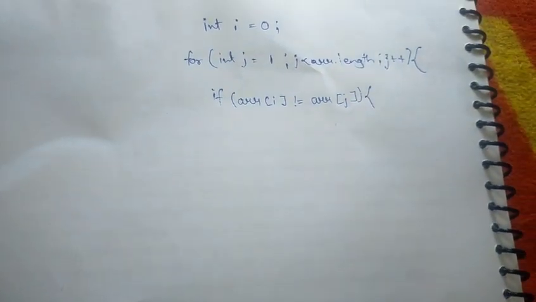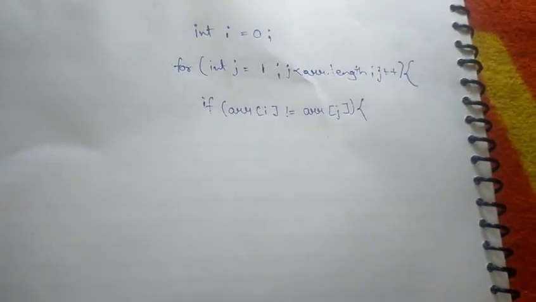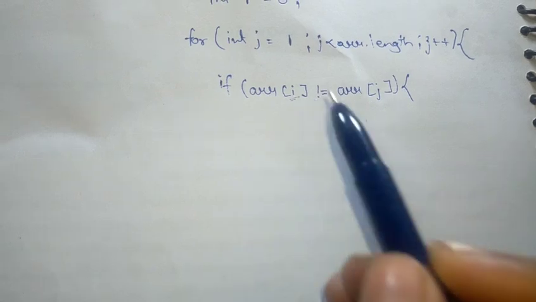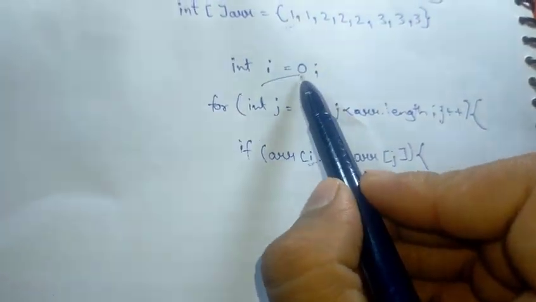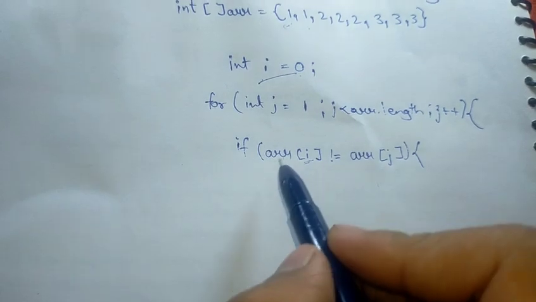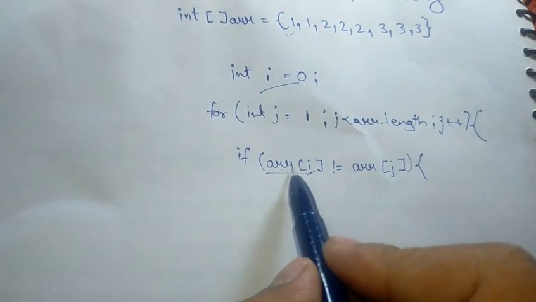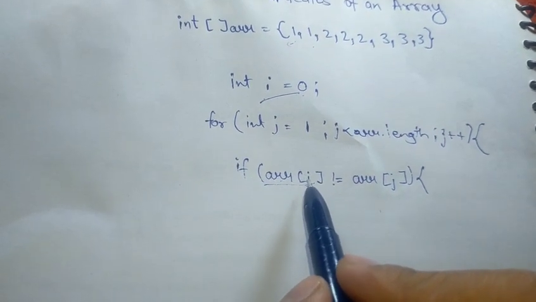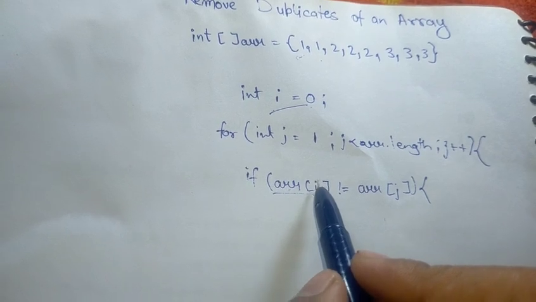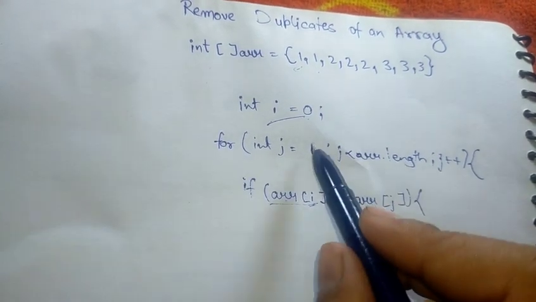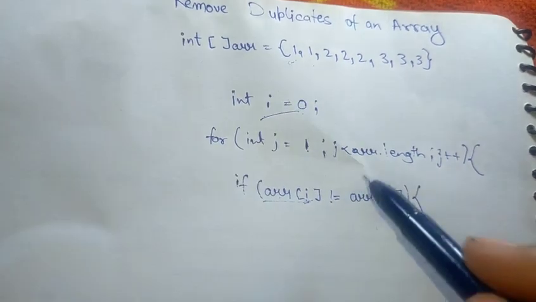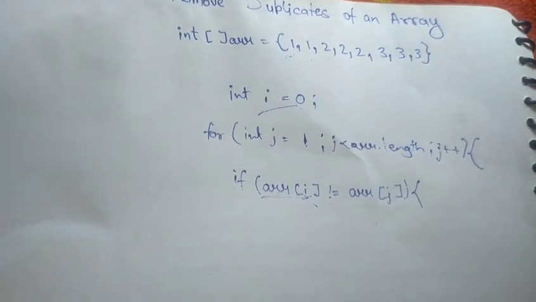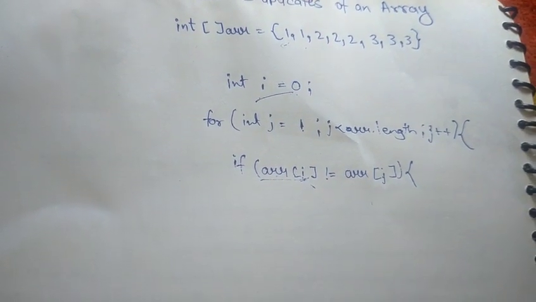Now you may say, sir, we are not taking array I. The first value we have taken is I equals 0, and j's initial value is 1. So we are checking just the zeroth index value and the first index value.